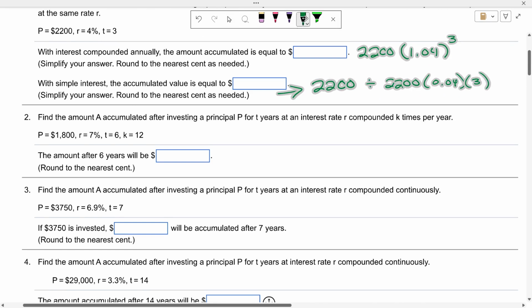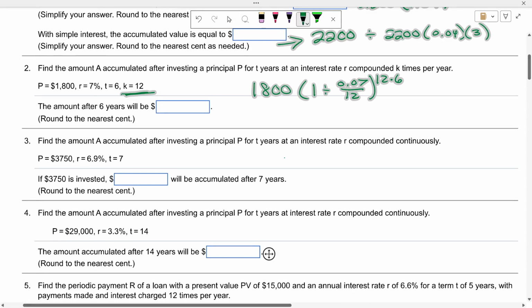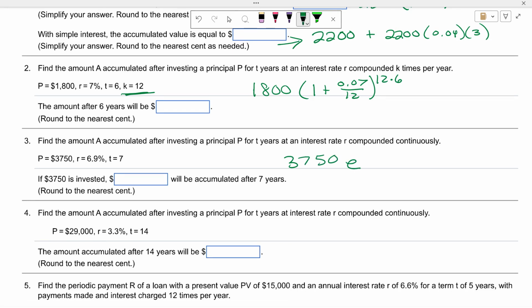Now, if it's compounded monthly, 12 times per year, the way you'd set it up is 1,800 times 1 plus 0.07 divided by 12 to the 12 times 6 power. That's compounded monthly. If you compound continuously, it's 3750 e to the rate 0.069 times time times 7.